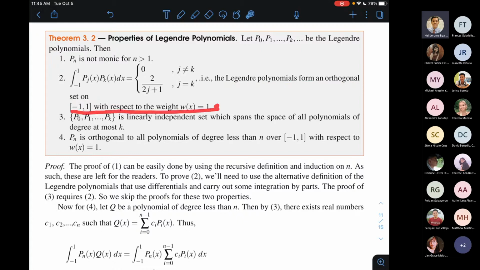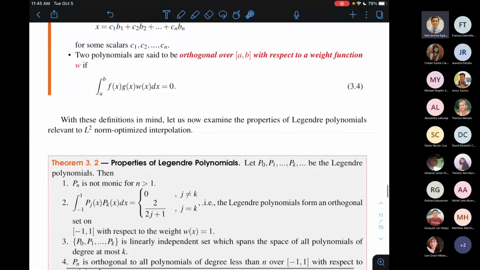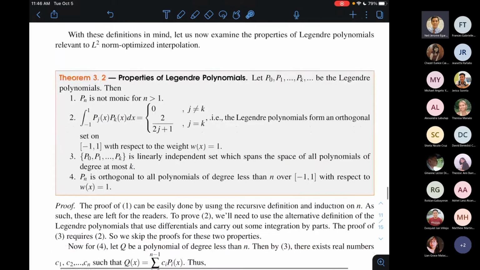Okay. Property number 2 says that the Legendre polynomials form an orthogonal set on the interval -1 to 1 with respect to the weight function 1. Remember, by the definition of orthogonality of polynomials or functions, when you integrate them against each other times a weighting function, the answer should be 0. And true enough, if you have two different Legendre polynomials, P_j and P_k, with j not equal to k, when you integrate them the answer is 0.